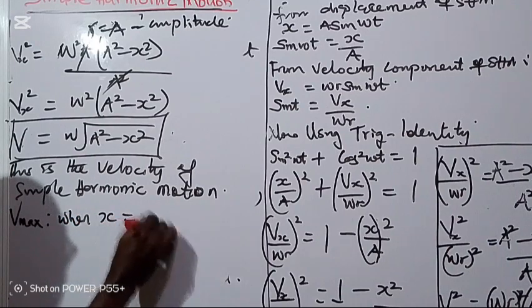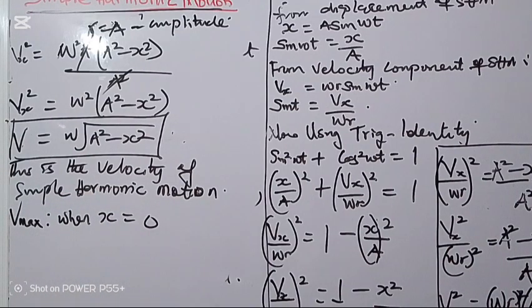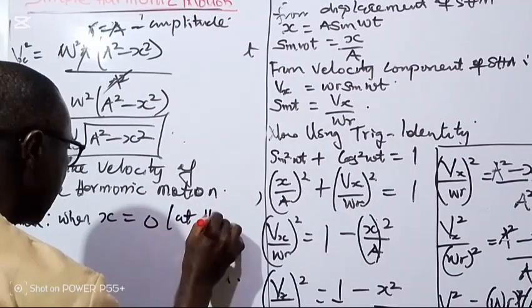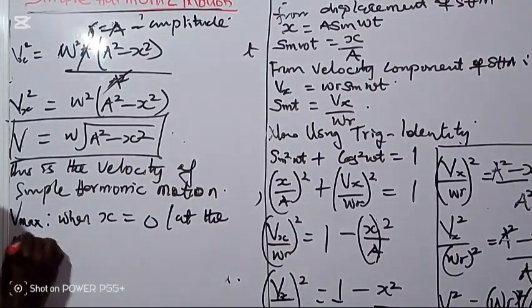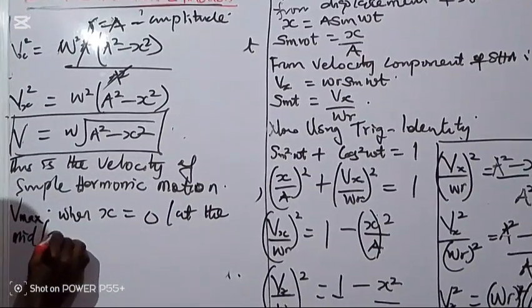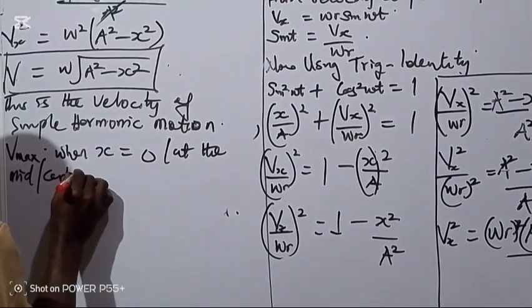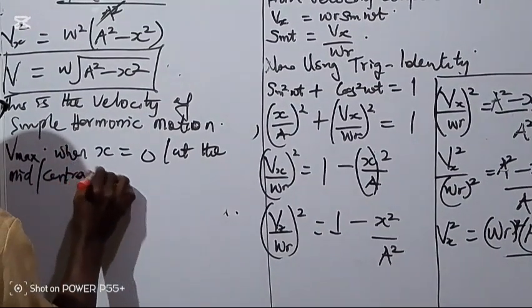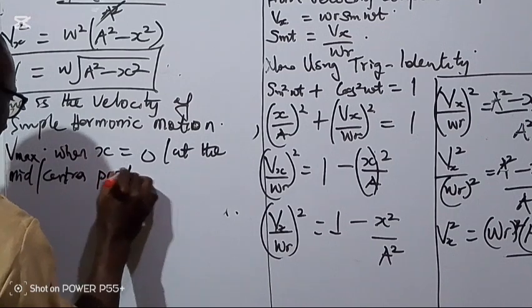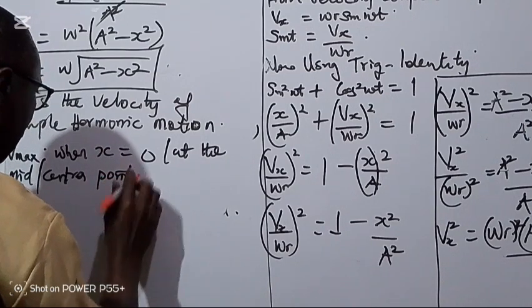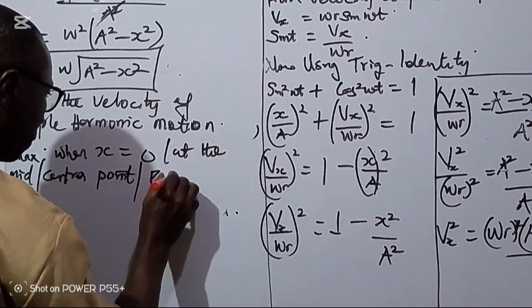The velocity will be maximum when s is equal to 0, that is, at the mid or central point, or the equilibrium position.